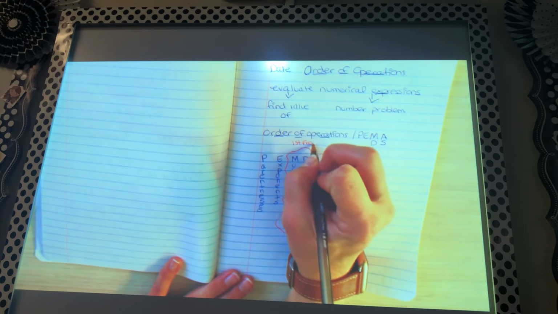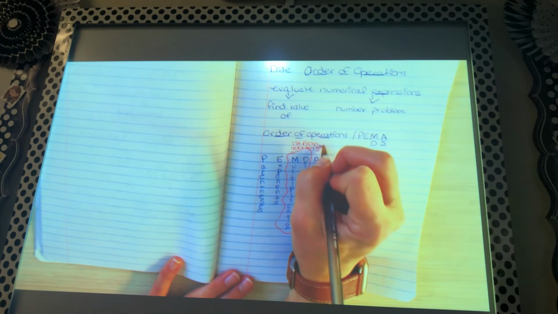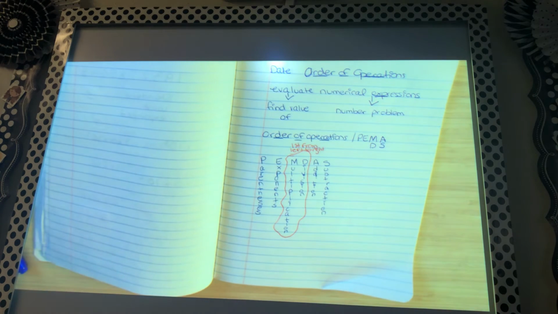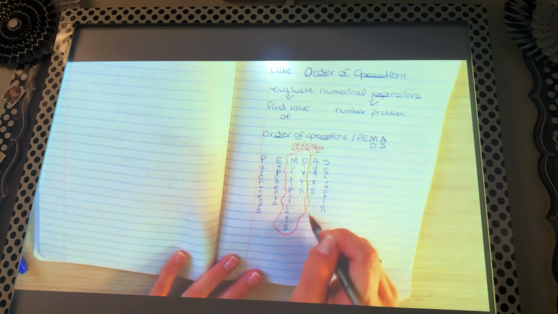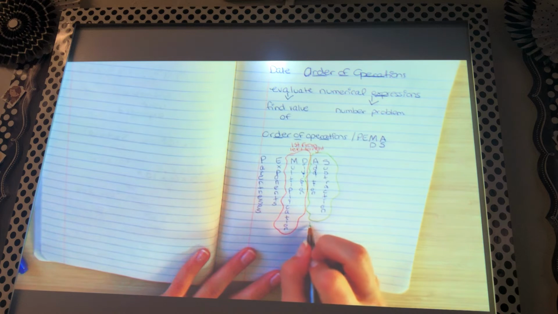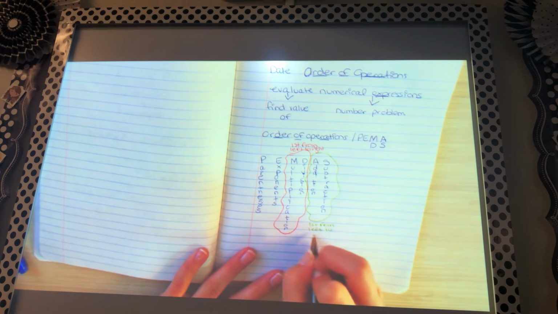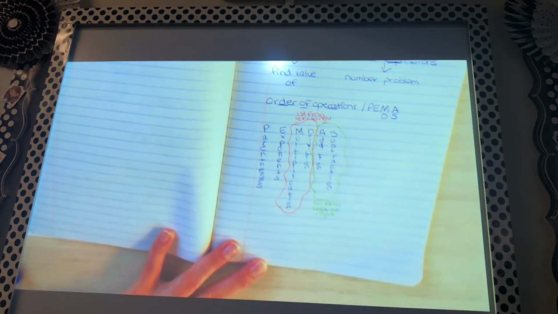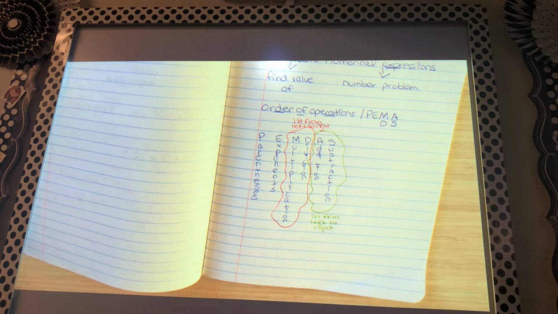And the same thing goes for addition, subtraction. Whenever you get to addition, subtraction, you do the one that comes first from left to right.